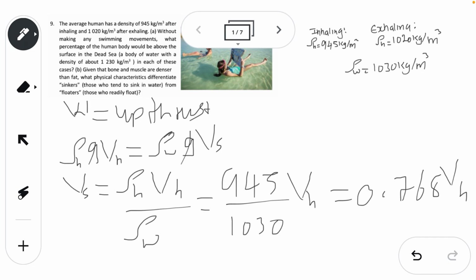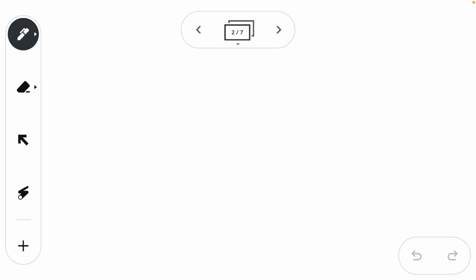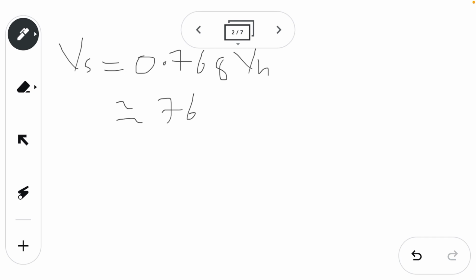When we look at this, it has given us that the submerged volume of this human is equivalent to 0.768 VH, meaning that the submerged volume is roughly about 76.8%.